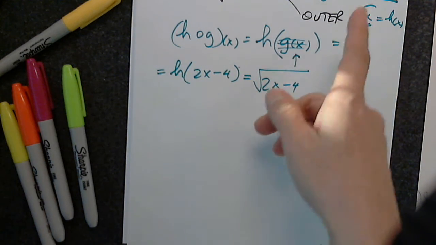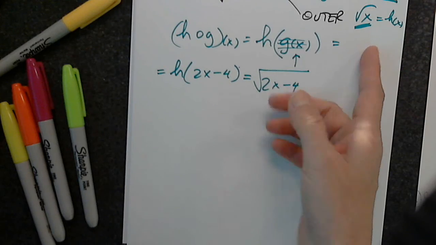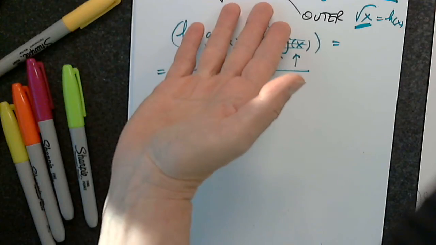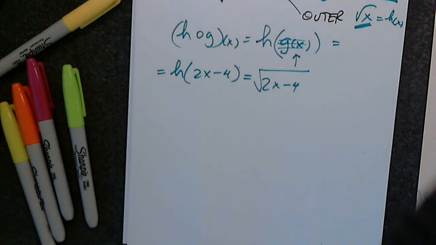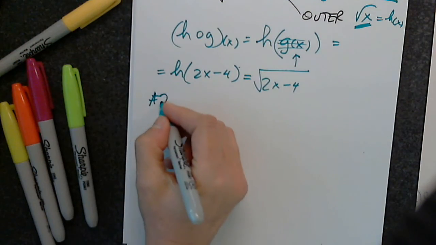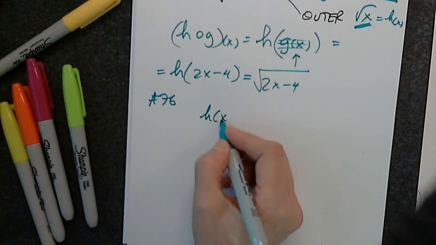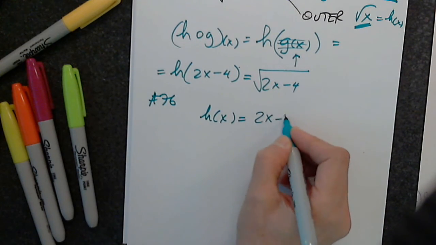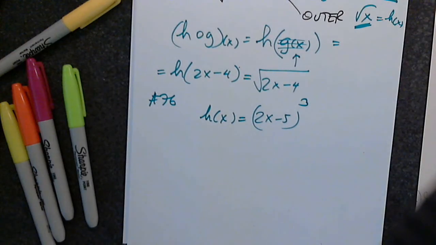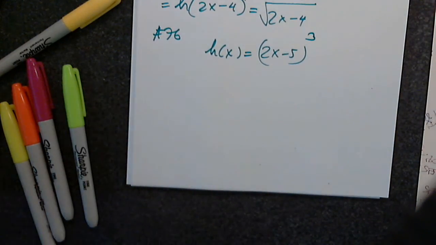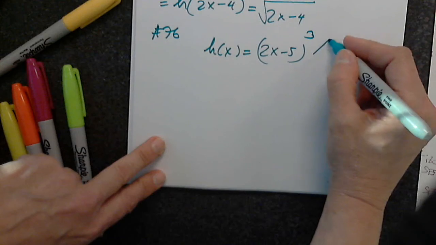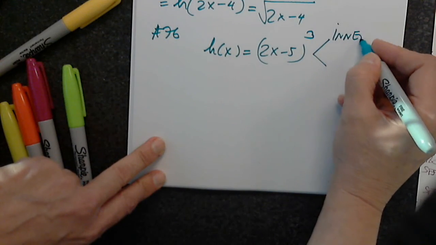We created an inner, we created an outer, and when we create the function composition, we go back to where we started. That's what we call function decomposition. We can choose another if you want. They're on page 311. So let's say 76, h of x equals (2x minus 5) to the third. And this really helps us understand the function better. Again, I would like you to come up with an inner and an outer.